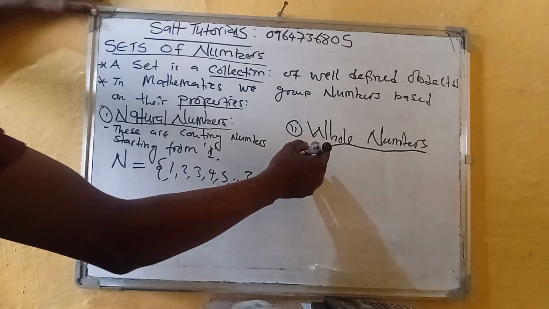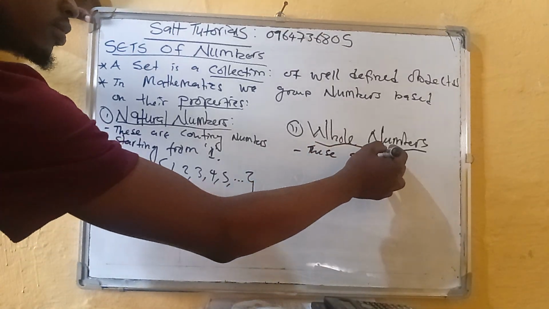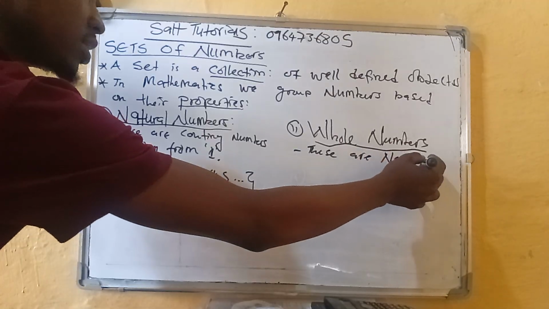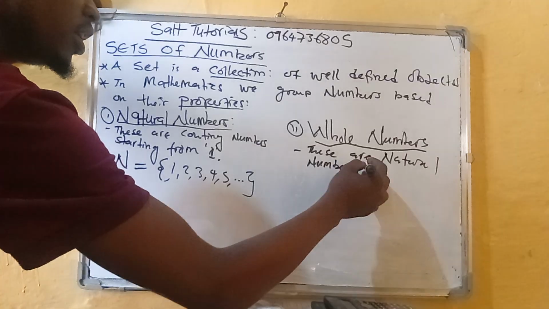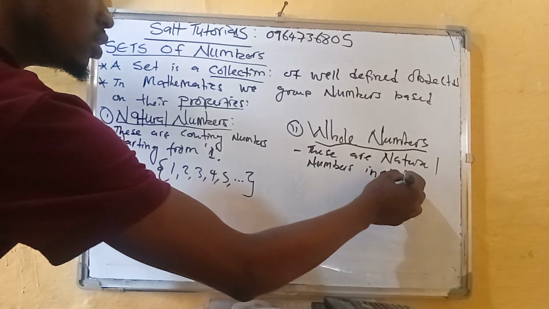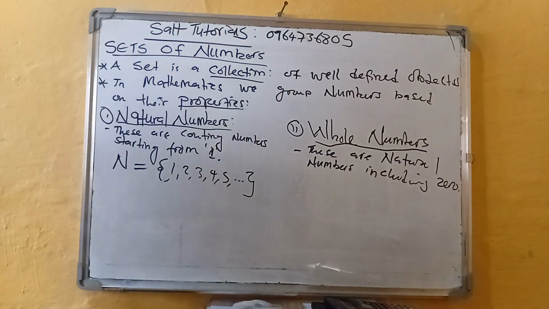Or others would simply say these are natural numbers including 0. If I include 0 in the natural number set, what type of set am I going to have? I'm going to have a set of whole numbers.